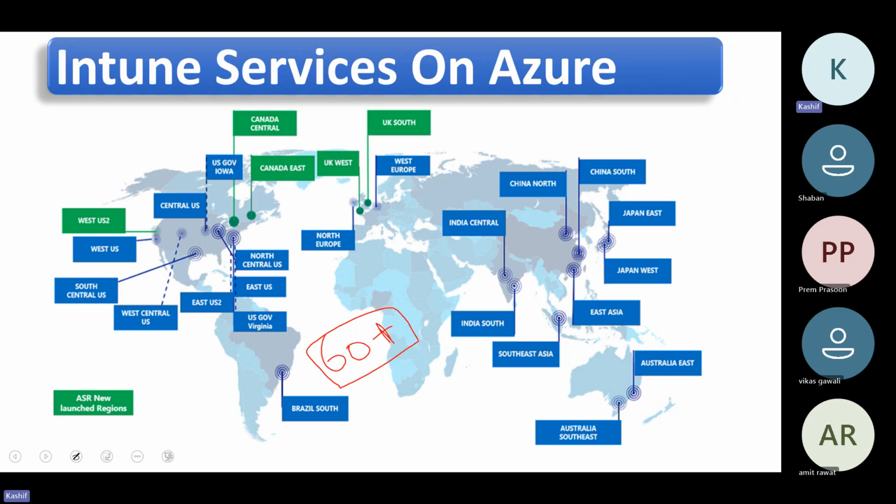So suppose you are in India and you need to create your Intune account. Chances are very high that your account will get created either in India South or India Central, depending on your location. Based on your location, the account will get created in the nearest location data center, whether it is India South or India Central.